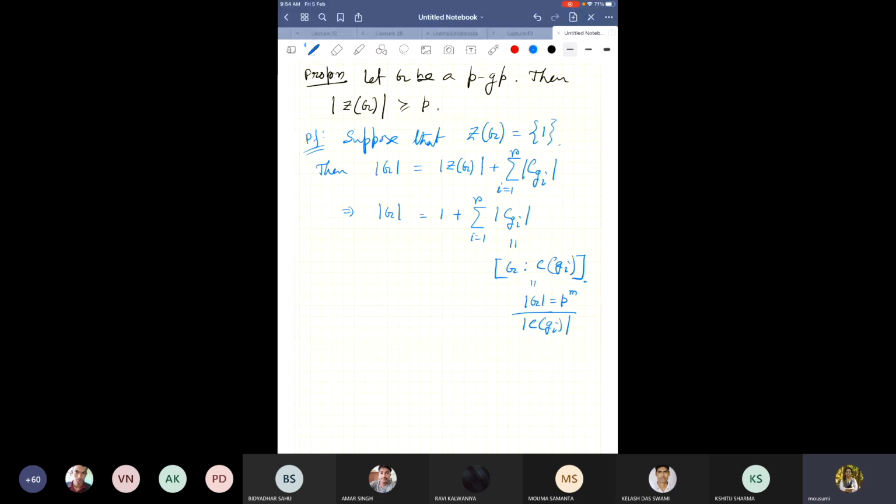Since p divides the order of G and p divides all of these conjugacy classes, we get a contradiction from equation 1. Therefore, the cardinality of the center should be greater than or equal to p.